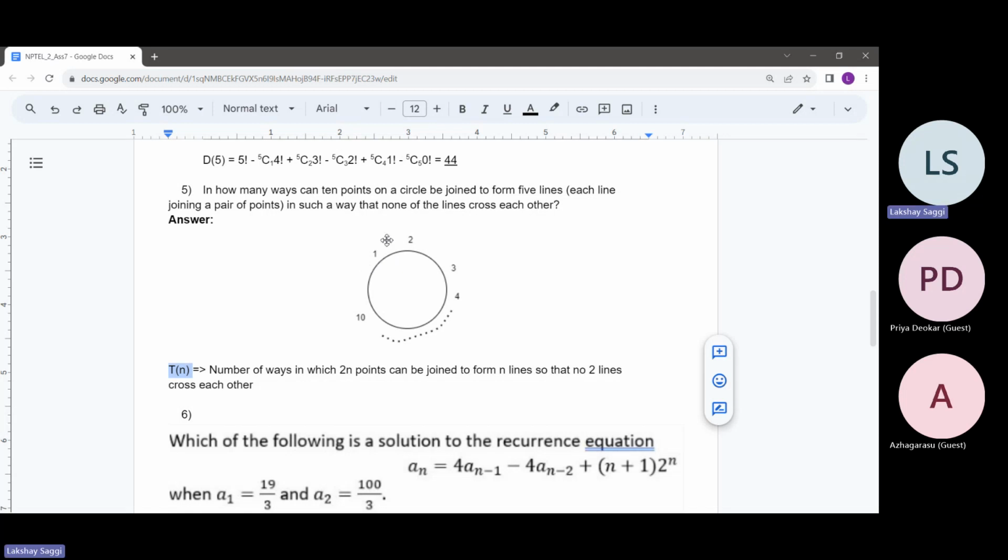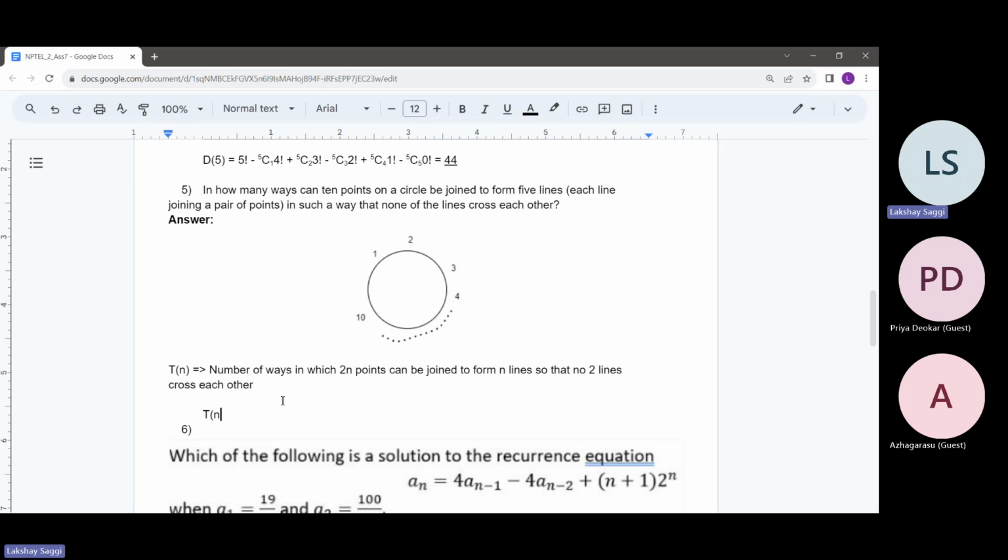So let's just see here. Let's say we take the point 1 here and try to form lines for this point 1 with different points. So suppose this point 1 was matched with point 2. A line was formed between point 1 and point 2. So let's just calculate Tn.